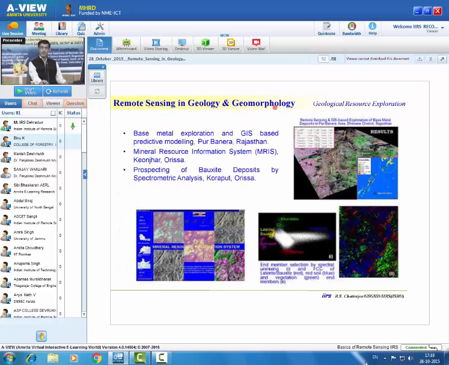Now, one of the very important applications of remote sensing and GIS is in mineral exploration. So this can be used for mineral exploration, for petroleum exploration. Okay, and for example, in this case, this is an example of base metal exploration in this Rajasthan area. Similarly, there is a mineral resource information system, a GIS based information system.